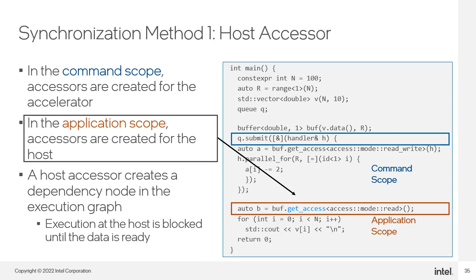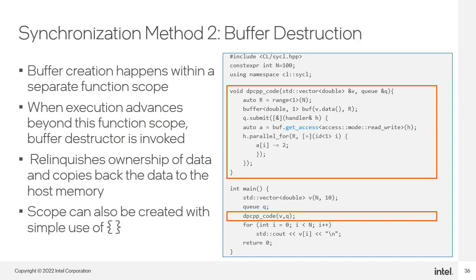In essence, blocking execution at the host until the data is ready. This example here shows an accessor in the application scope, and since the accessor is pointing to the same buffer that the kernel is accessing, the host has to wait until the kernel completes execution in order to access that buffer, thus imposing synchronization.